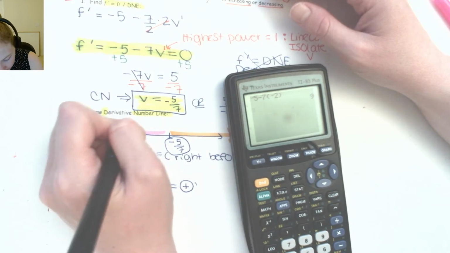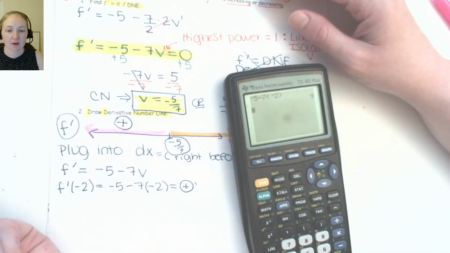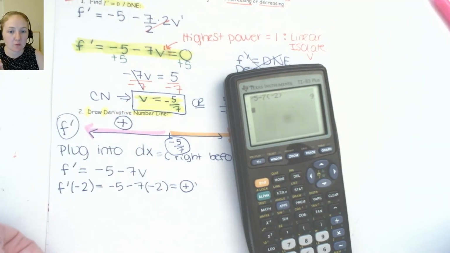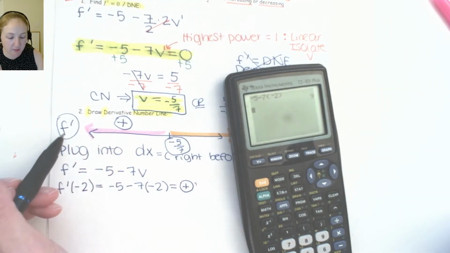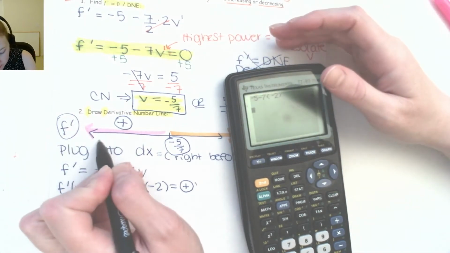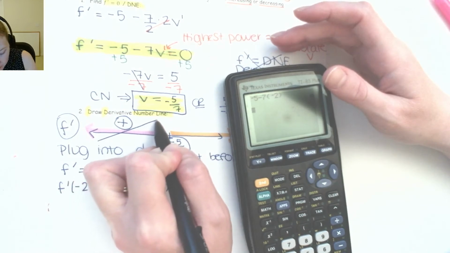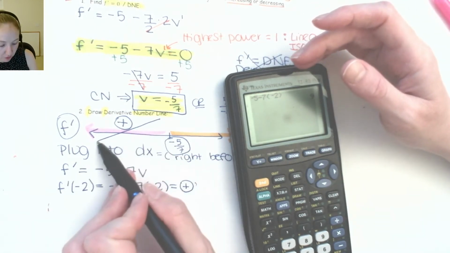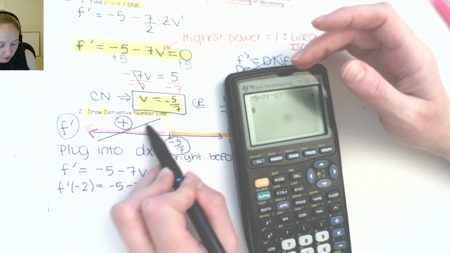So I'm going to put a little plus sign here. And what does that plus sign tell me? That plus sign tells me that my derivative is positive. So that means that I'm going up a hill. And I always draw a little line here just to show that yes, I'm going up the hill.